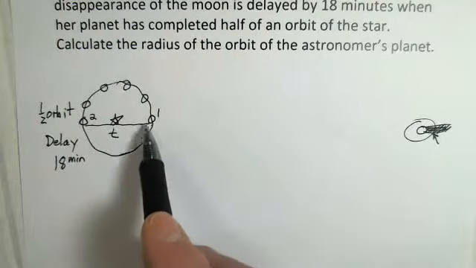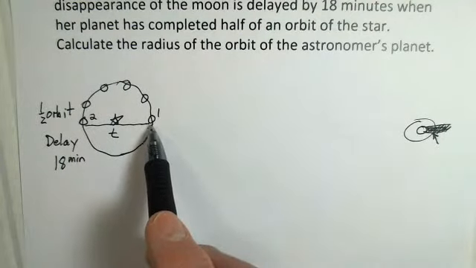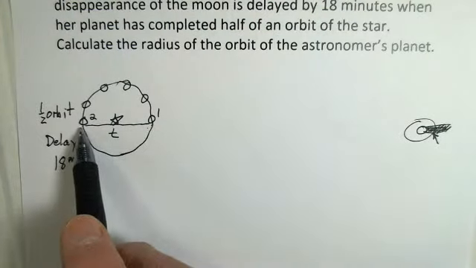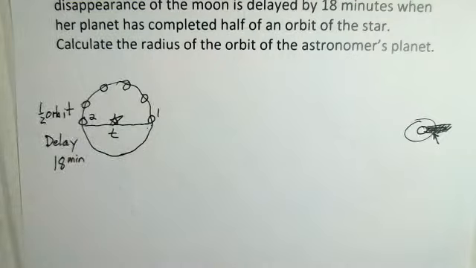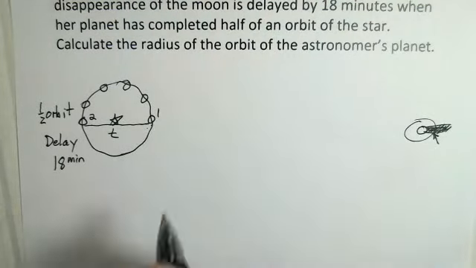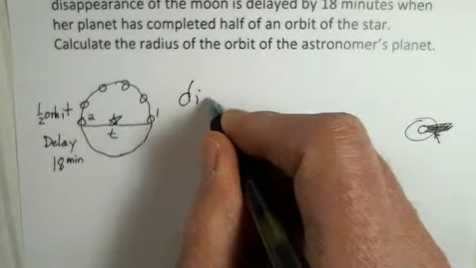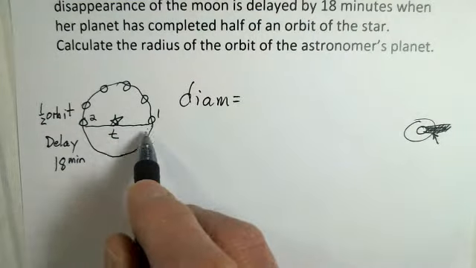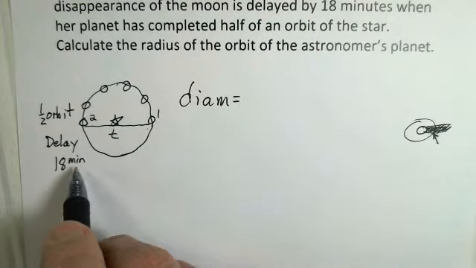If we had an astronomer at position 1, they would see the eclipse happen at the proper time. But for the observer at position 2, the eclipse is delayed by 18 minutes. Well, the diameter of the orbit here, that distance, can be calculated by the rate of light traveling across here and the delay time.